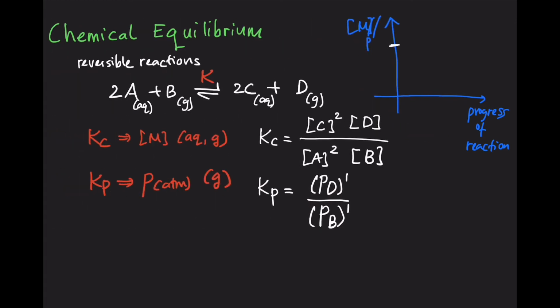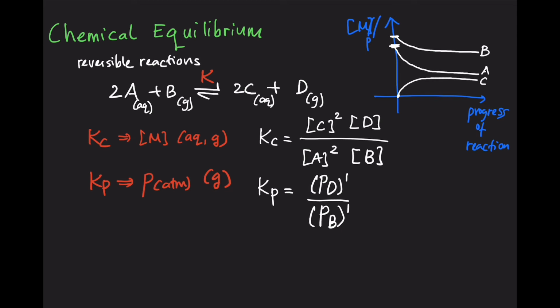In the beginning we have a certain molarity of A, and then at some point if the A is being consumed, it will decrease and become like that. Likewise for B, it's like that. And for C, for instance, in the beginning we don't have any C, so it starts here and then it goes up. So this is C, this is A, and this is B.